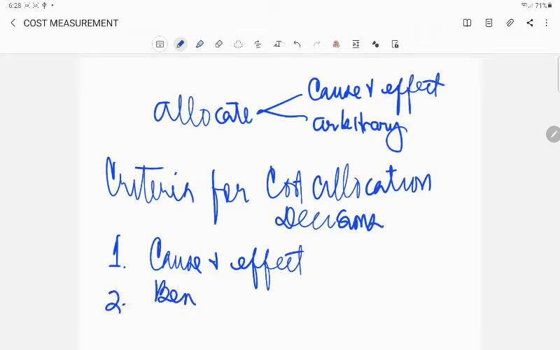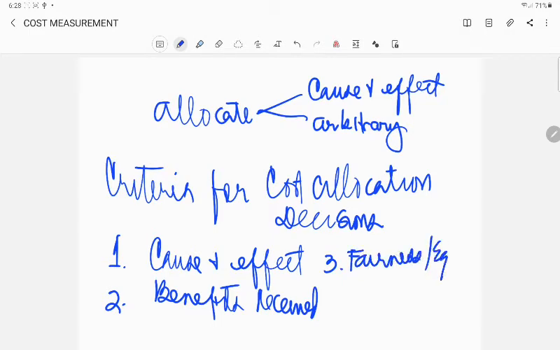We base it on benefits received. Ano yung pangatlo? Fairness or equity. And ability to bear. Okay? Ito daw yung criteria mo for cost allocation. Yung dinivide natin yan sa dalawa, cause and effect or arbitrary.